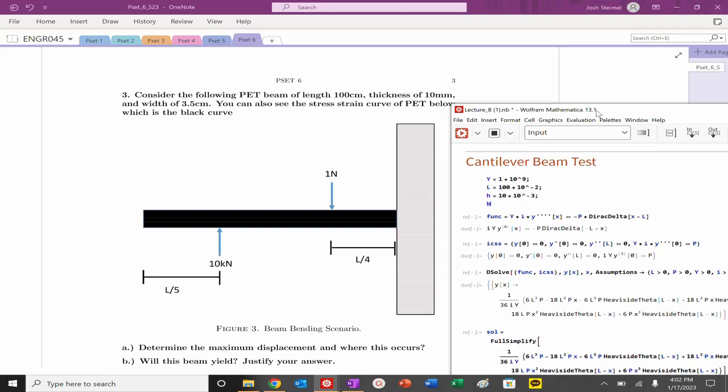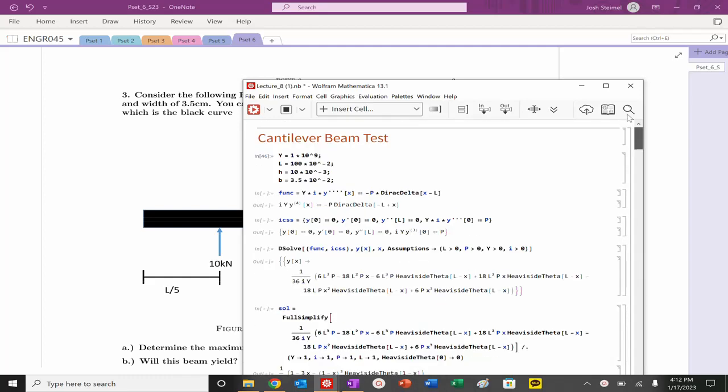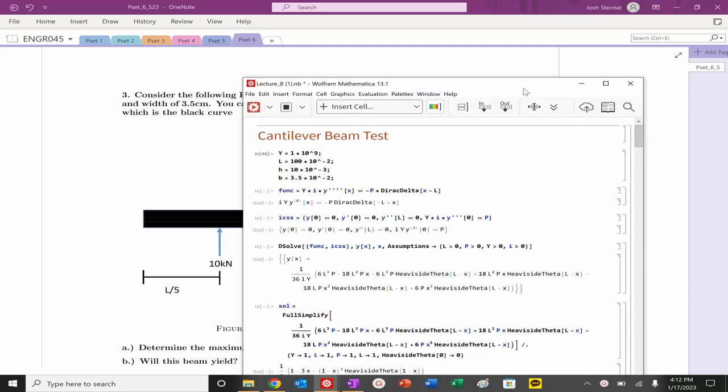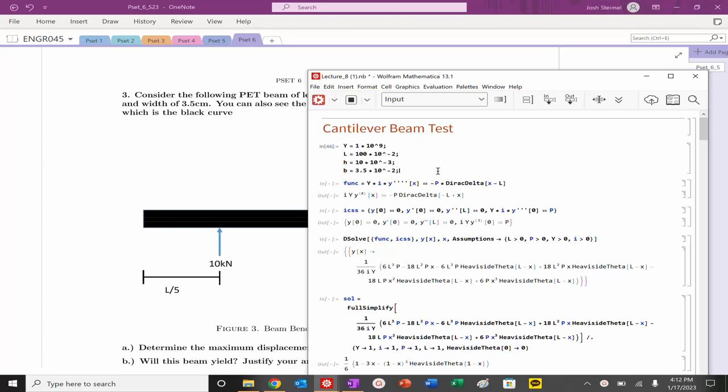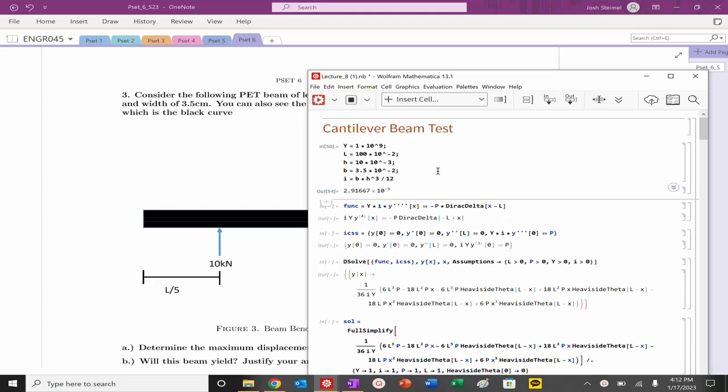My base is equal to 3.5 times 10 to the minus 2 here. So with that defined, we can now define our moment of inertia. So we're going to do I is equal to B times h cubed divided by 12. So we should get that here. I'm going to put parentheses just in case.